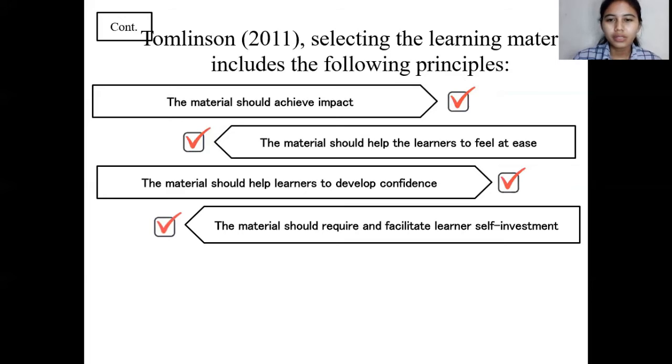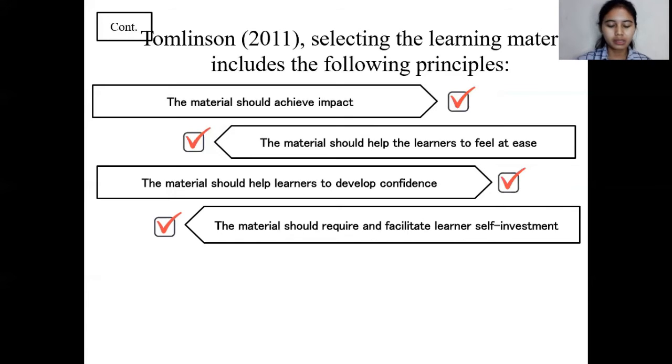The material should require and facilitate learner self-investment. So here the material is not only to give them the understanding about something or get new information or knowledge, but also they are asked to facilitate their learning, their self-investment.